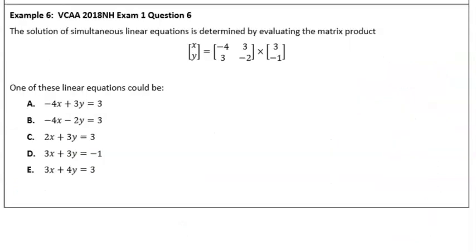Okay, so our final example. Solution of simultaneous linear equations is determined by evaluating the matrix product. One of these linear equations could be, so we've got our matrix product set up and we're asked to go backwards to figure out what could have been the equations that we put in.